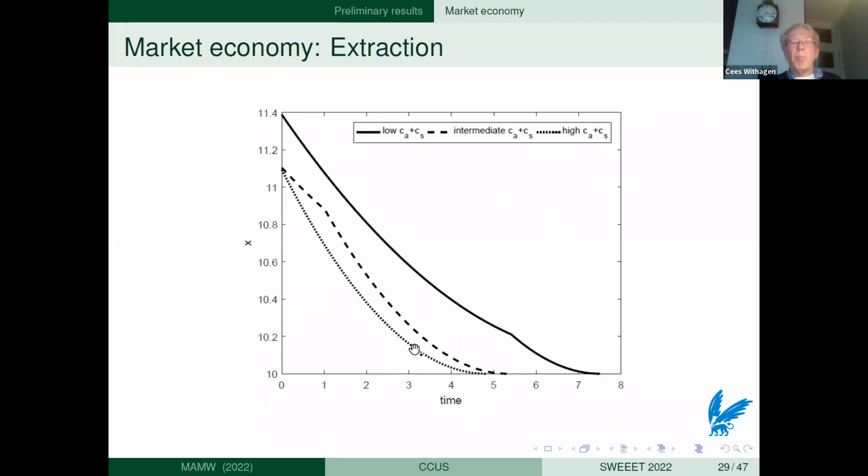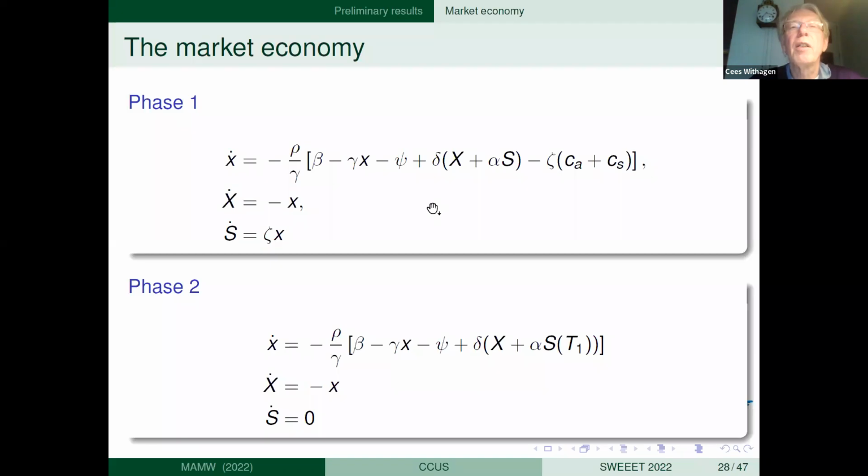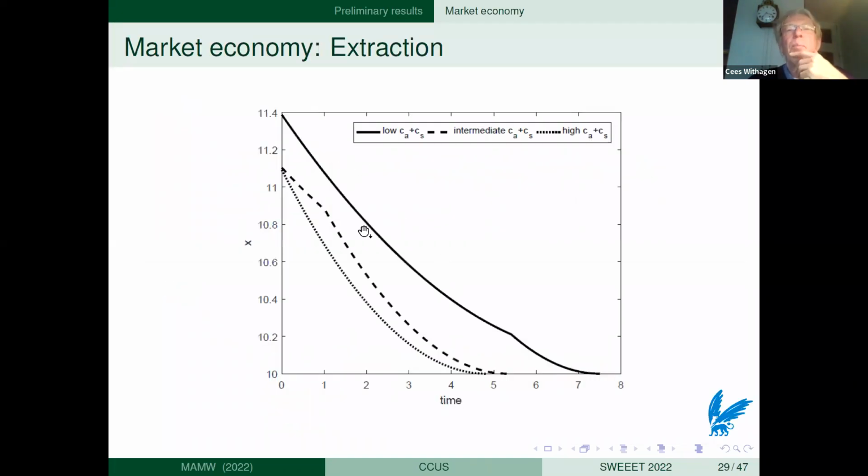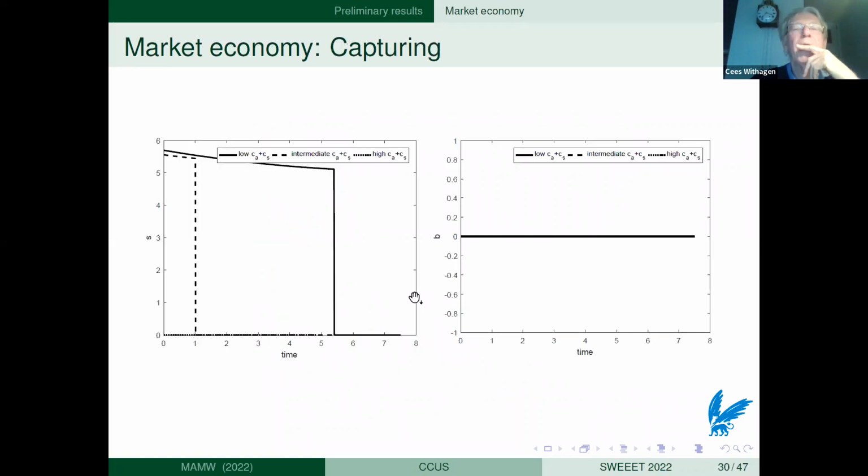So depending on the cost of abatement and insertion of CO2 in active wells, you get the following pictures. If the costs are low, there will be a lot of extraction. If the cost is high, then there will be much lower extraction.